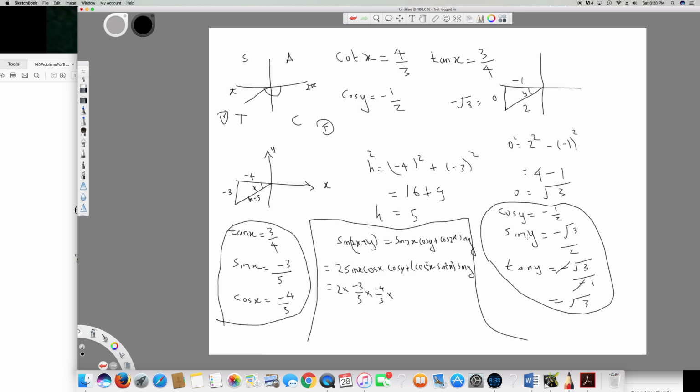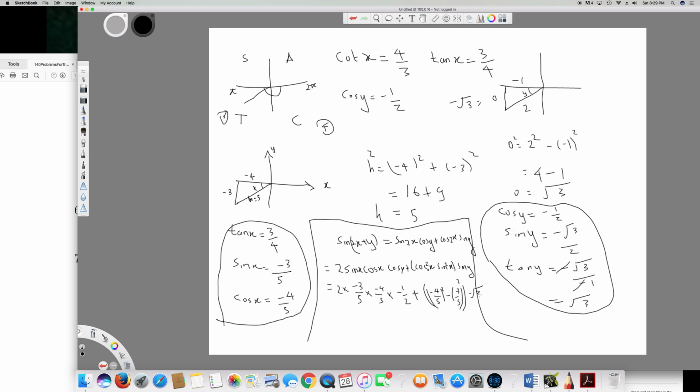Multiplied by cos y, cos y we know is minus half. And within the bracket, cos square x. So we know cos x is minus 4 over 5. We are going to square it. Minus sine square, sin x is minus 3 over 5. We are going to square it. And all together sine y. Sine y we already knew, minus root 3 by 2.